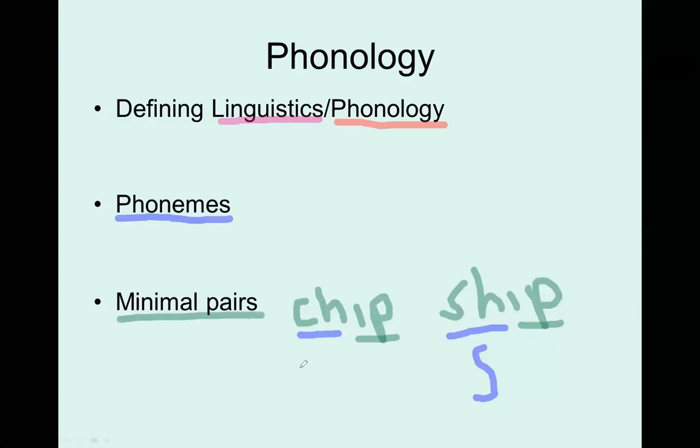And in chip, we have a sound that we write like this, a ch. And so we know that in English, ch and sh are actually kind of close, but they're not exactly the same sound. And if you switch it out at the beginning of the word, you might get a totally different word. And that is what we will call then a phoneme.